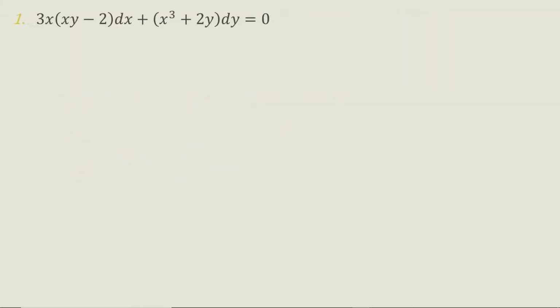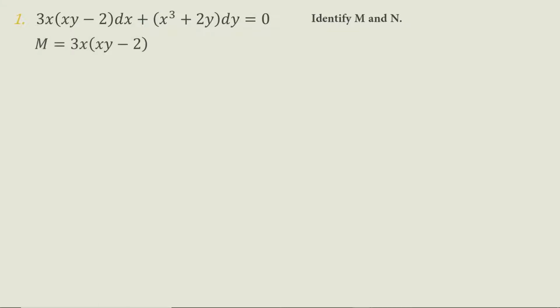So the first one is 3x times (xy minus 2) dx plus (x cubed plus 2y) dy is equal to 0. The first step here is to identify the M and the N based on this form of equation.